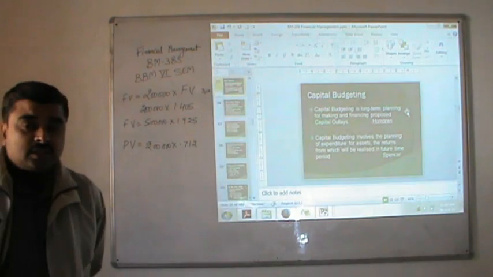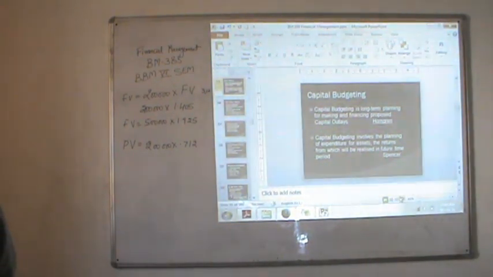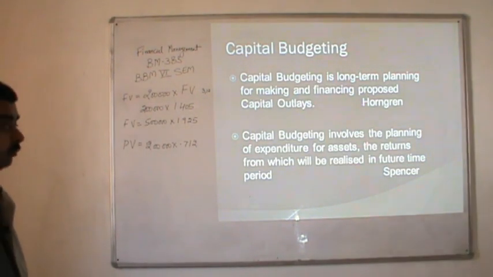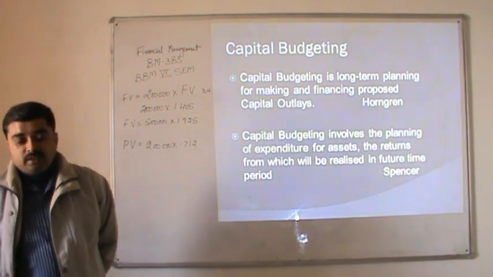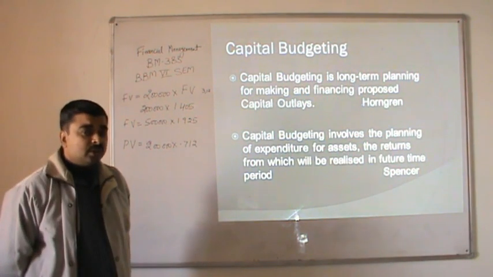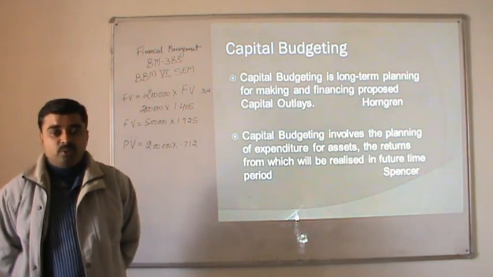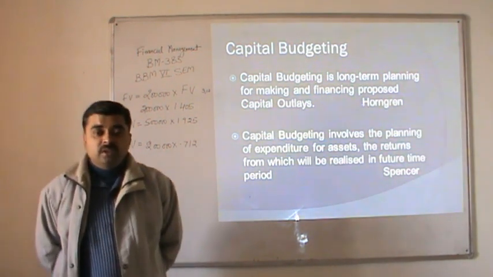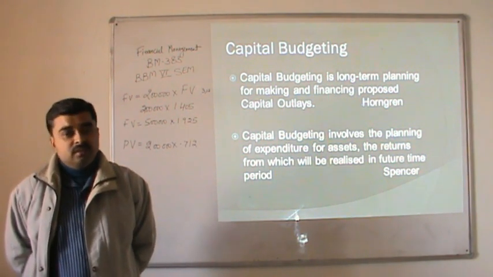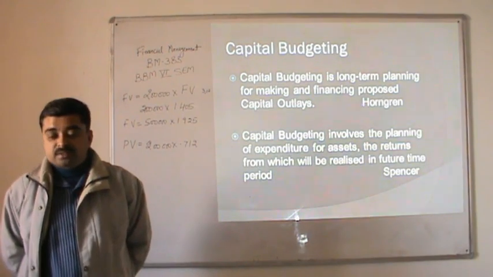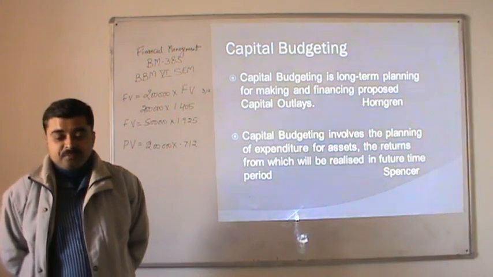We start the capital budgeting with the definitions. The first definition was given by Holmgren, and the definition says that it is the long-term planning of financial proposal or capital outflow. So if we plan for the capital expenditure for a long-term period, that will be included in the capital budgeting. A similar but broader definition is given by Spencer.